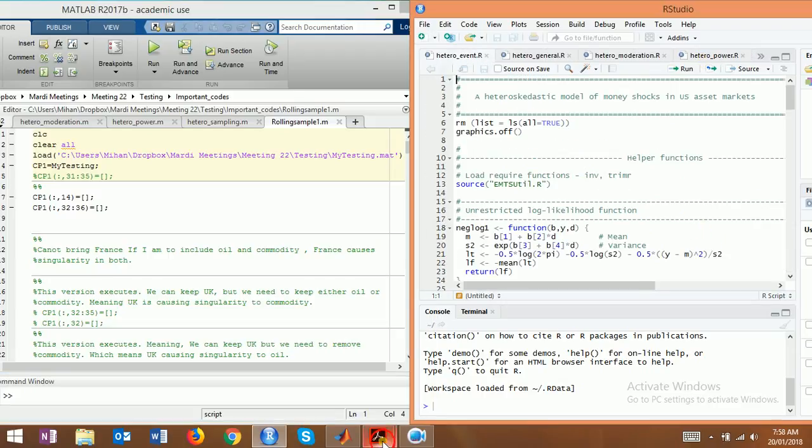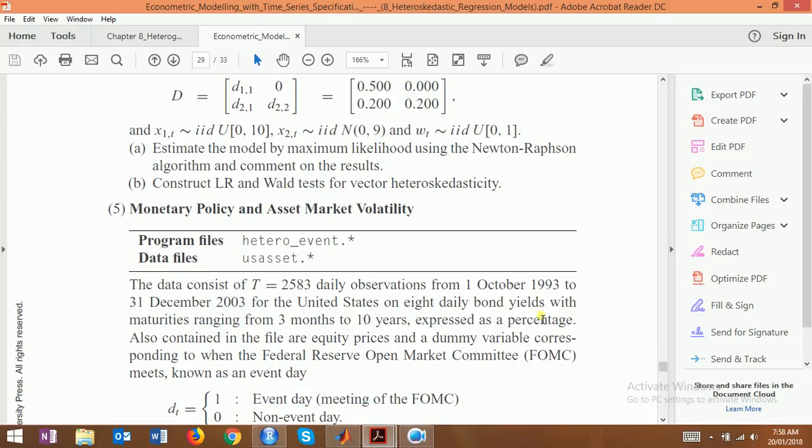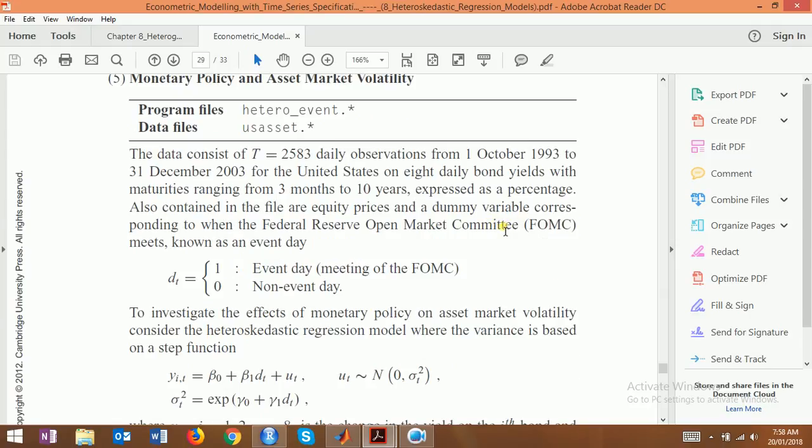Then comes the problem of monetary policy and asset market volatility. The problem suggests that there is data consisting of T equal to 2583 daily observations from October 1993 to December 2003 for the US on 8 daily bond yields with maturities ranging from 3 months to 10 years.